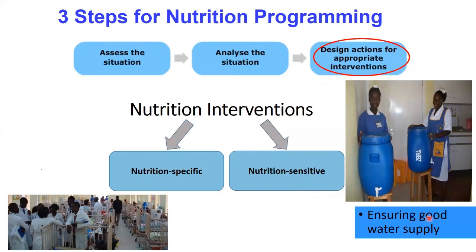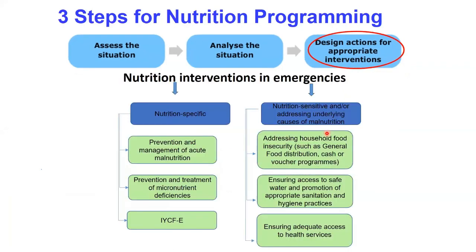Then aspects like water, sanitation, and hygiene are what we refer to as nutrition-sensitive interventions. This is the same, particularly worse in emergencies. But I commonly say these are the same principles we apply, whether in chronic situations or in emergencies. So nutrition-specific, nutrition-sensitive.